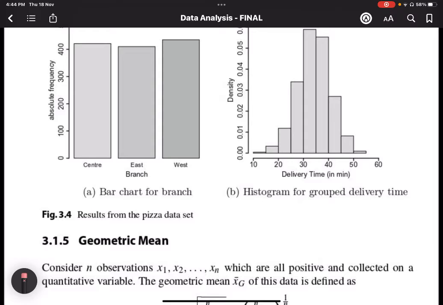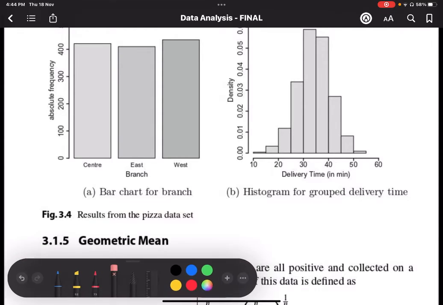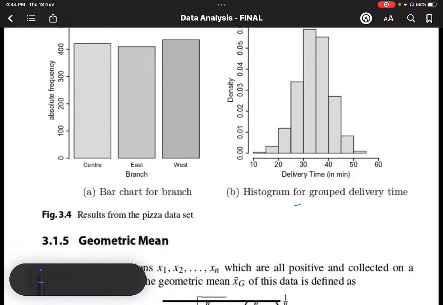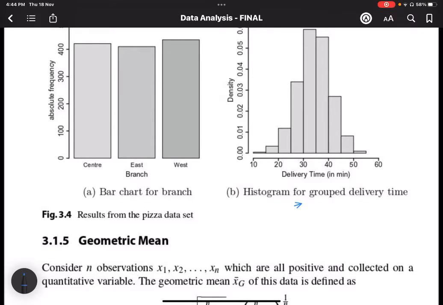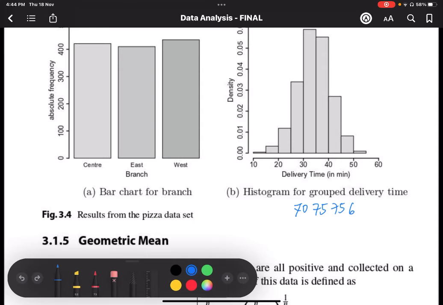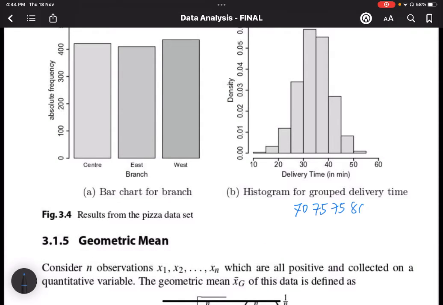For example, we have the following grades: 70, 75, 75, 60, oh wait, it went down, 80, 80, 80, and then 91, 91, and then 95.